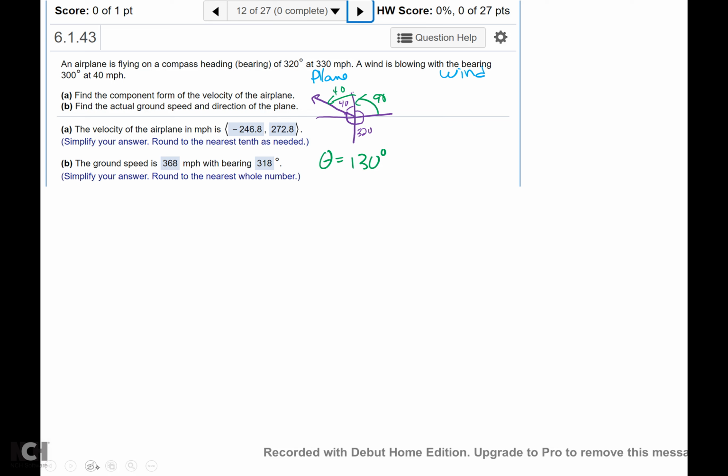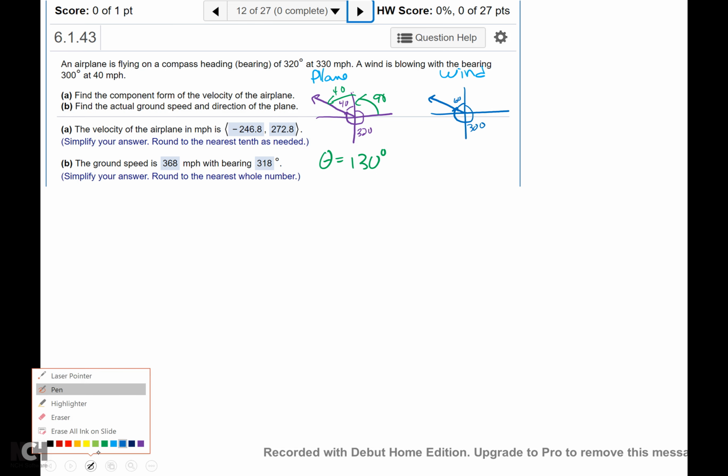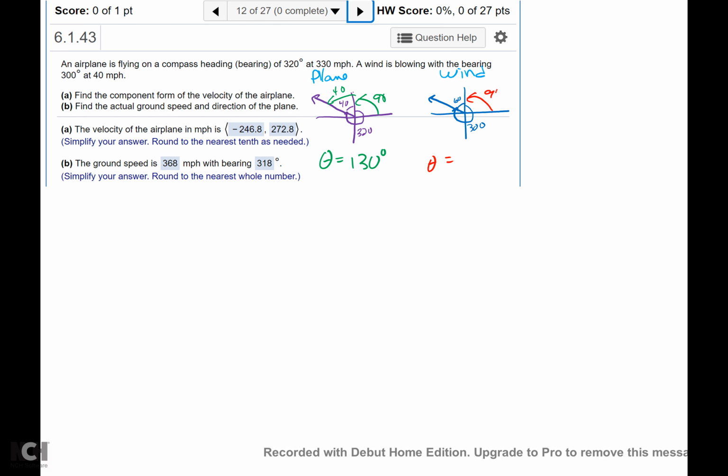Okay, for the wind, the wind has a bearing of 300 degrees from north, which means there would be 60 left here. So my theta for my wind is going to be 90 plus 60, which is 150 degrees.